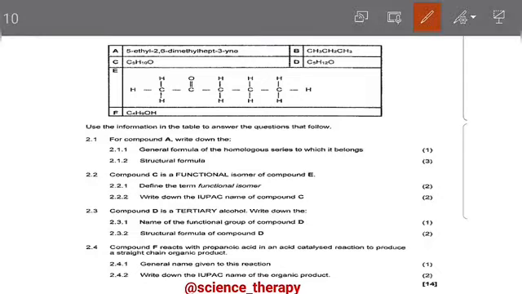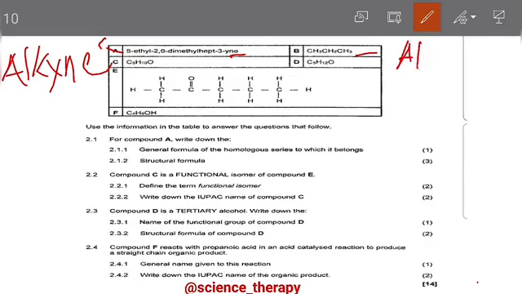So starting with our A, from the suffix -yne, we can tell that it belongs in the alkyne group. And then B, looking at that molecular formula, we can see that there are only single bonds between the carbon atoms, which we know belongs in the alkane series since it only has carbon and hydrogen atoms. It's a hydrocarbon.